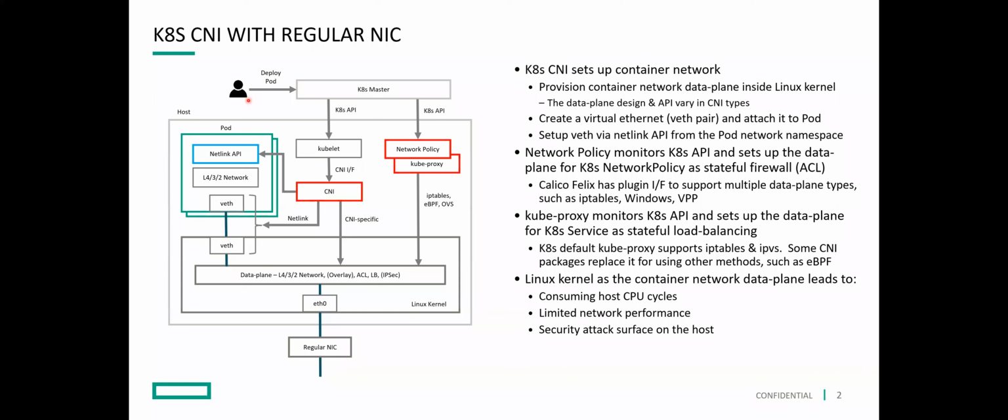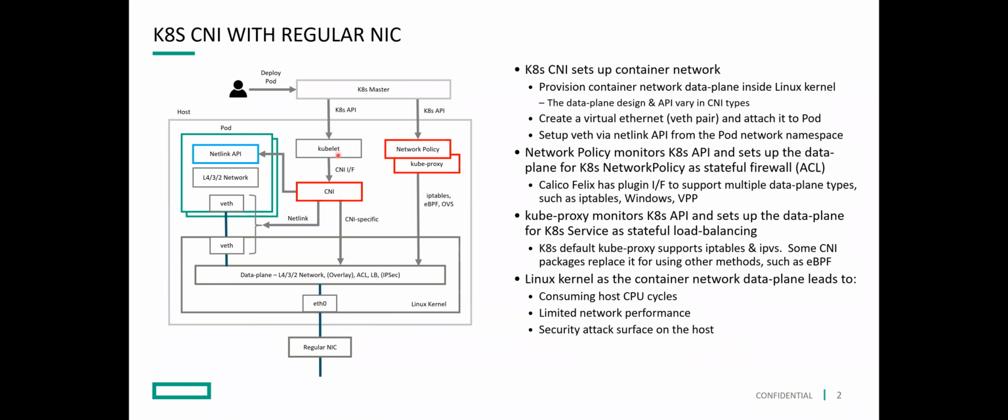So when a user makes a request, like deploying a pod, the request goes to the Kubernetes master node through the Kubernetes API. And then the Kubernetes master makes the request to the kubelet, the node controller running on every Kubernetes worker node.